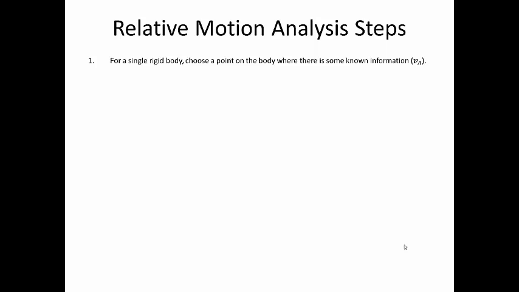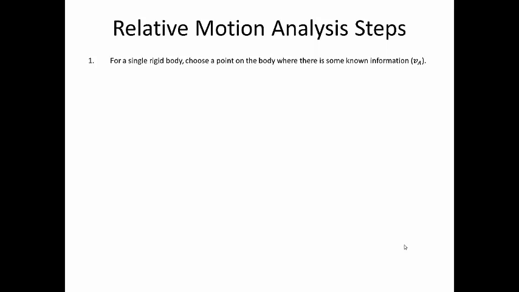Let's review the steps for relative motion analysis. Our first step is for a single rigid body. Sometimes we'll have multiple rigid bodies, and for each body we need to move through this process. So we choose a single rigid body and choose a point on that body where there's some known information, typically a velocity.